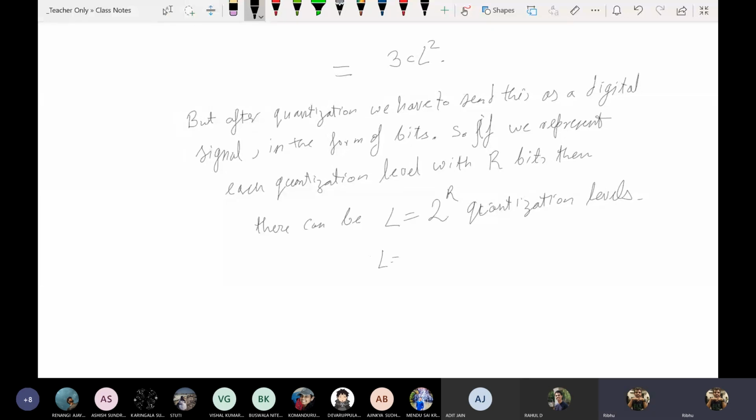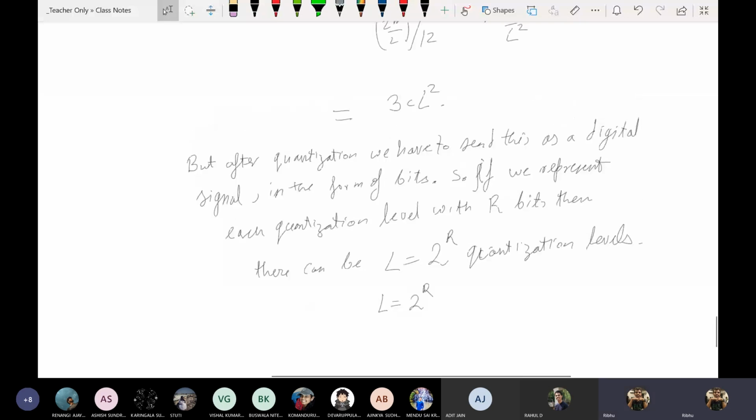Consequently, L equals 2 to the power R and SQNR equals 3C times 2 to the power 2R. Now all the signal to noise ratios we are accustomed to writing in dB.